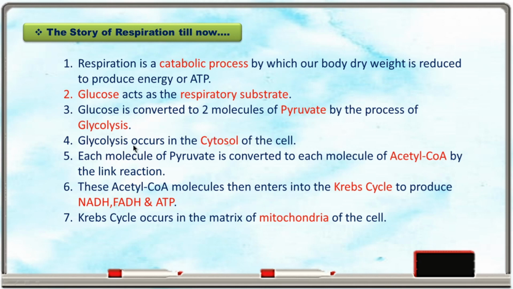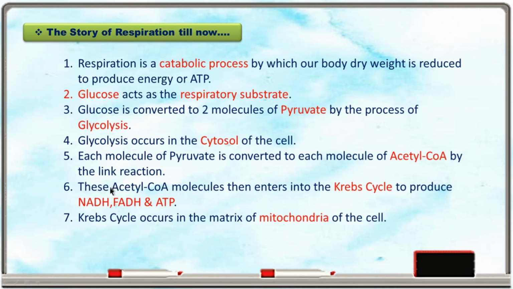Glycolysis occurs in the cytosol of the cell, whereas the link reaction occurs in the mitochondrial matrix of the cell. Here each molecule of pyruvate is converted to a molecule of acetyl-CoA by the link reaction.